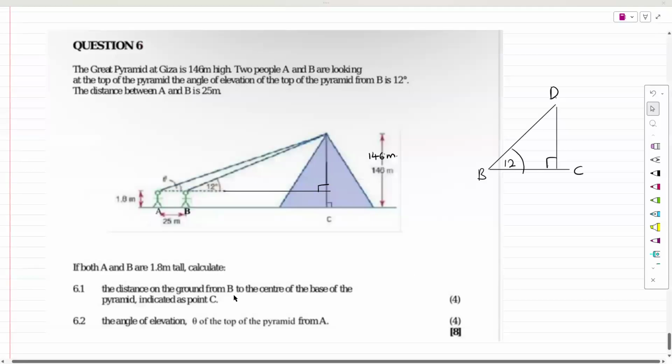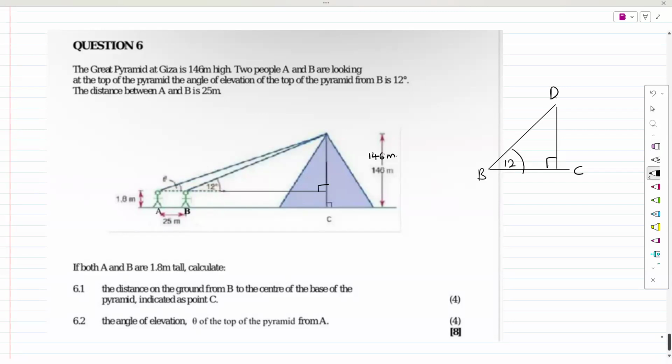Okay, guys, if you used the memo for this, you would have seen there was a mistake in it. This guy right here is 1.8 meters tall, so we need the distance of this part here.